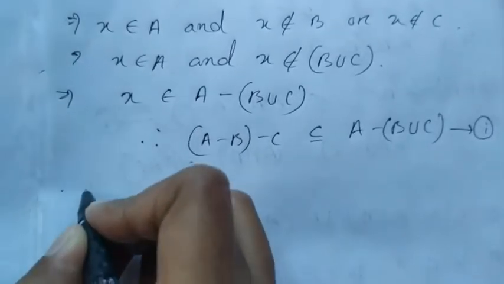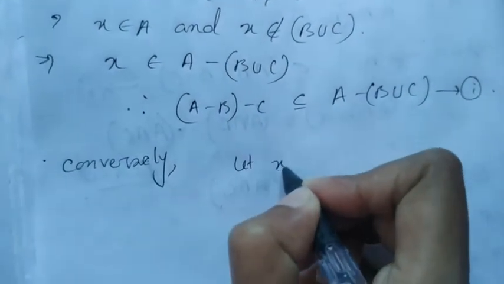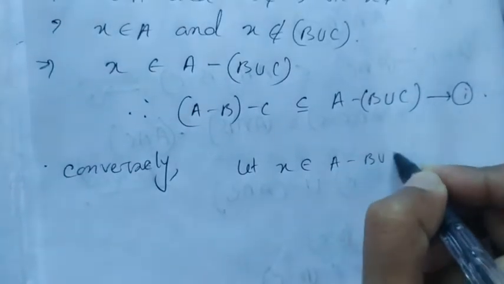Now conversely, let x belongs to A minus (B union C).